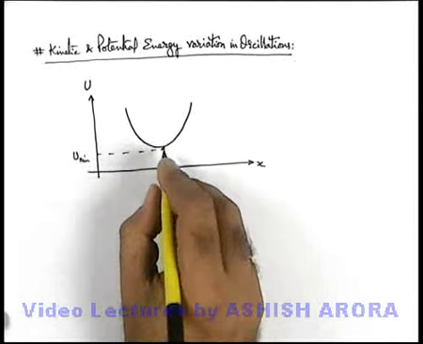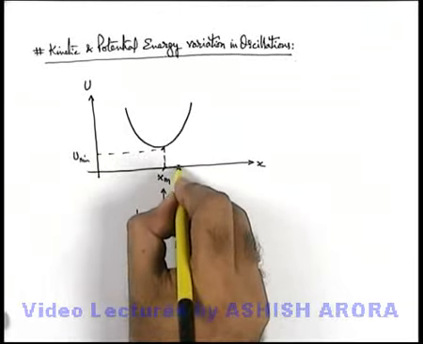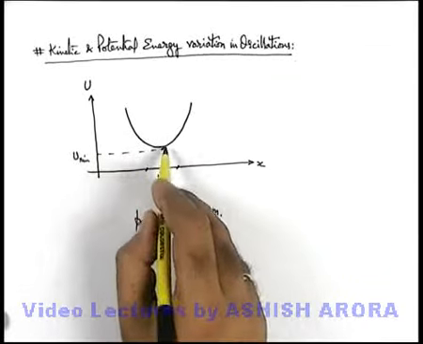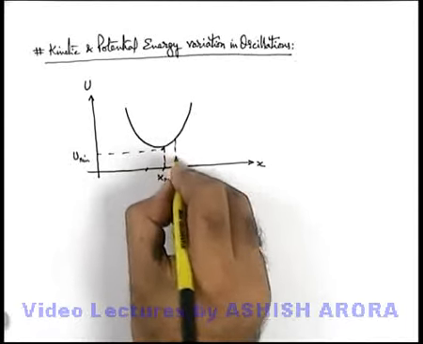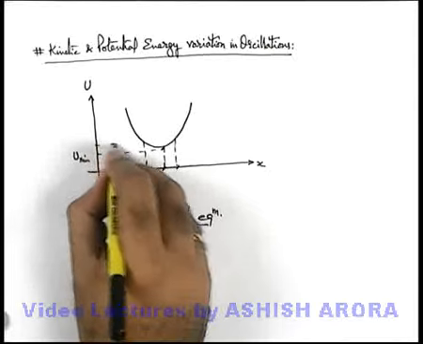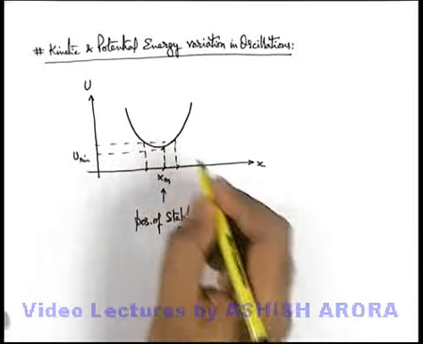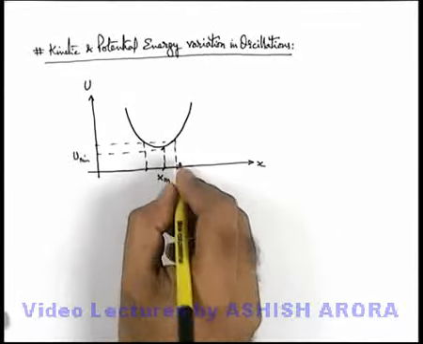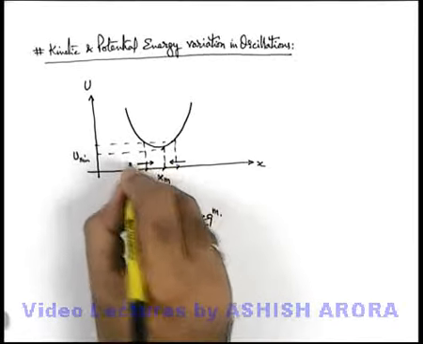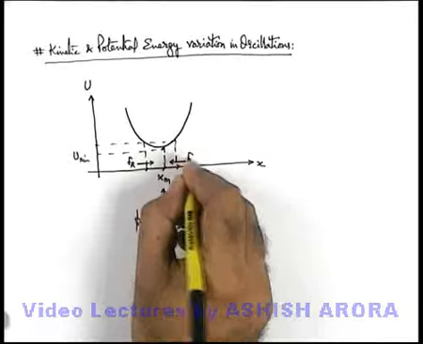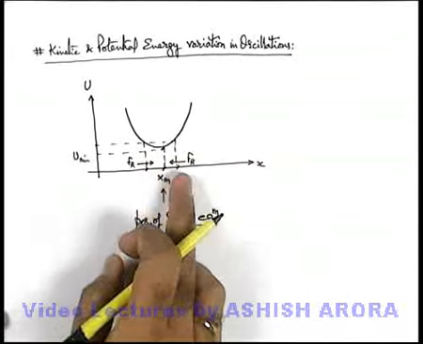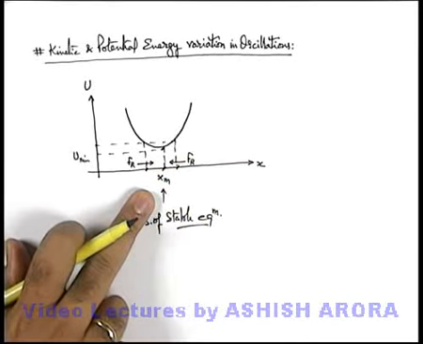We already studied that if the particle is displaced in either direction from this stable equilibrium position, the particle's potential energy will increase. And as potential energy increases, it will experience a restoring force which has a tendency to bring the particle back to the position of stable equilibrium.